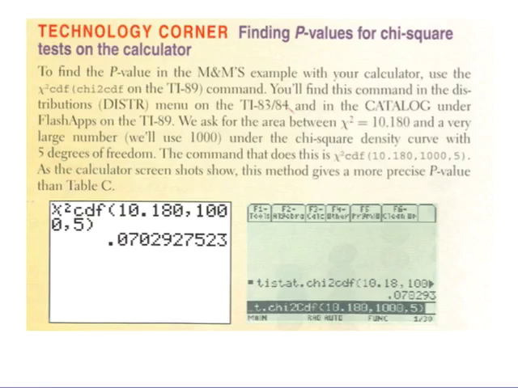The good news is you can find the p-value for chi-square tests on the calculator. To do that, you would go to second vars, do option 8, and you would see something that looks like chi-squared CDF. You would then put in your chi-squared, then your upper bound.